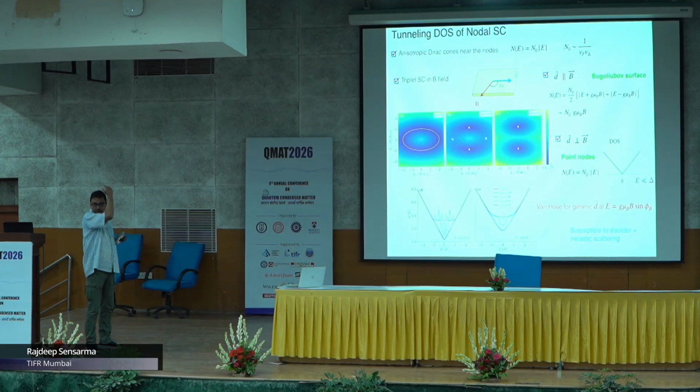So the claim is if you have a triplet and you keep moving it like this, you will see that your density of states is filling up as you change your direction. Well, we were focusing on what they can measure.